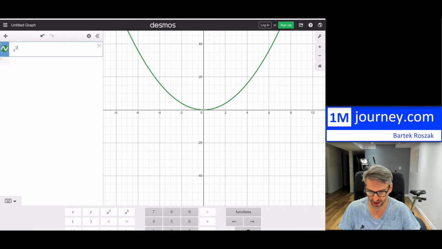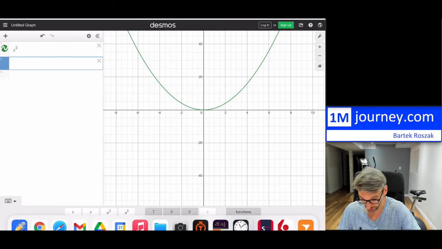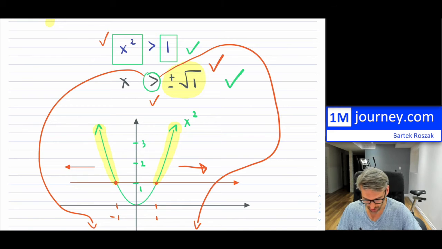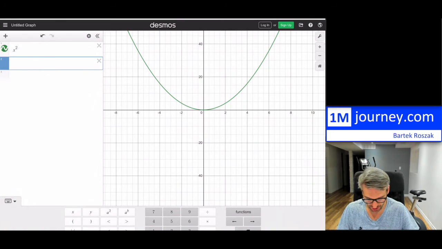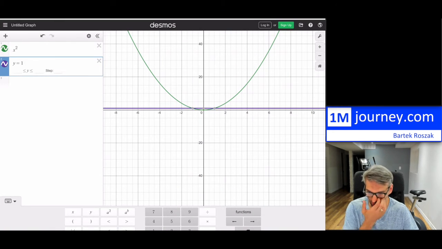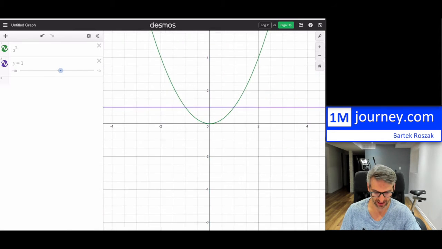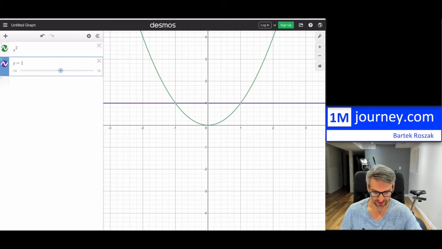If I plot my x squared, and then my y equals 1, we basically have something like that, which we drew. And these are the points of intersection.